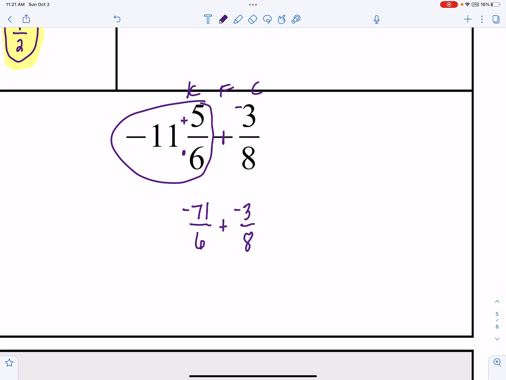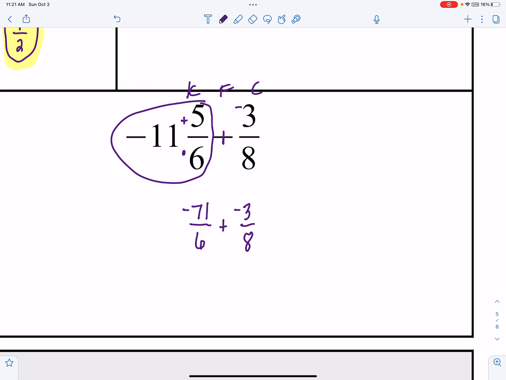All right, now what we're going to have to do is create a common denominator. I can't turn the 6 into an 8. I can't easily turn these into powers of 10. So we're going to have to come up with our least common denominator.